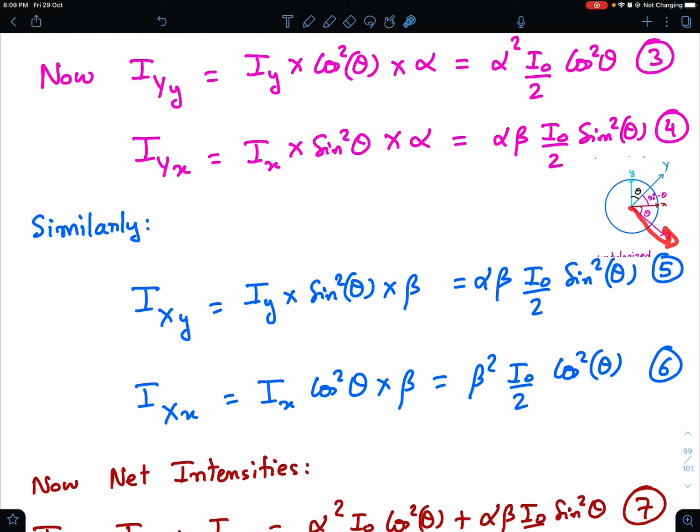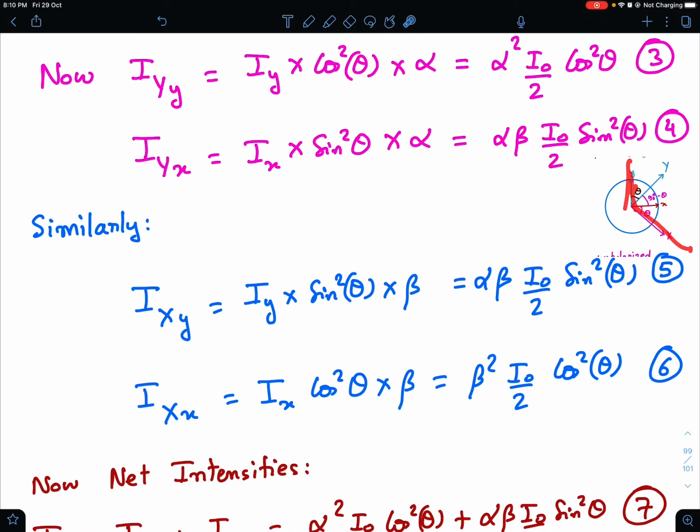Similarly, I can find I capital X due to small y. In the capital X direction, this makes an angle again 90 minus theta, or you can say 90 plus theta, one and the same thing, because cos of 90 plus theta, when you square that, becomes sin square theta.